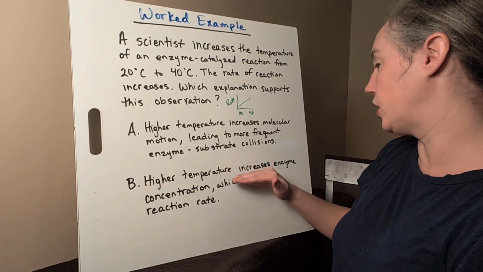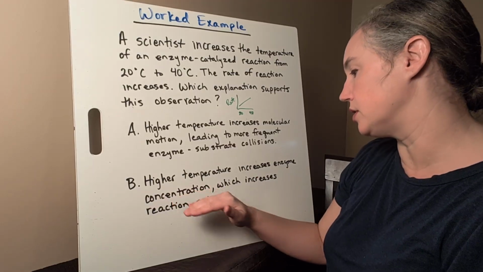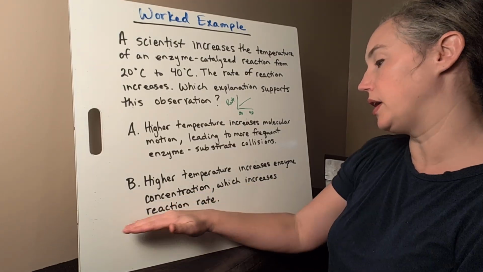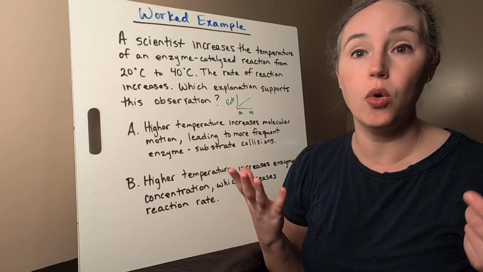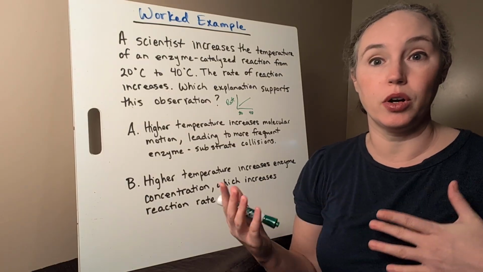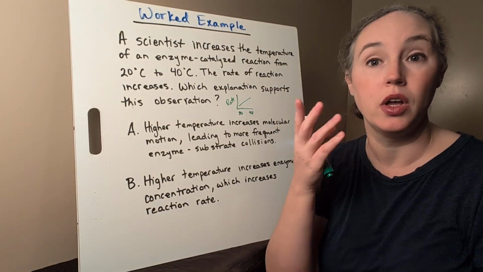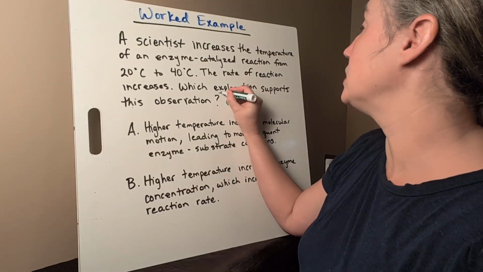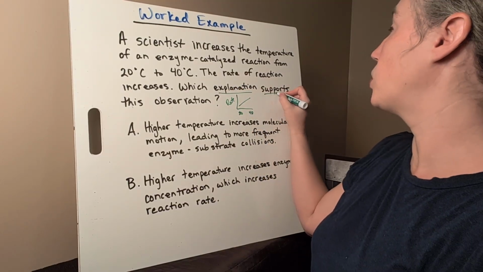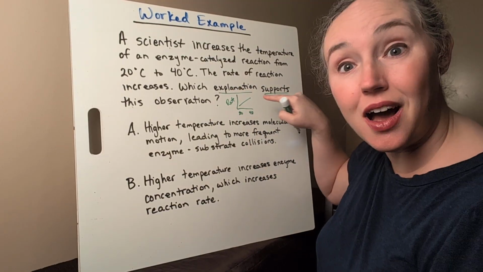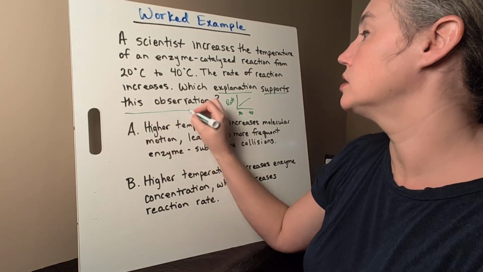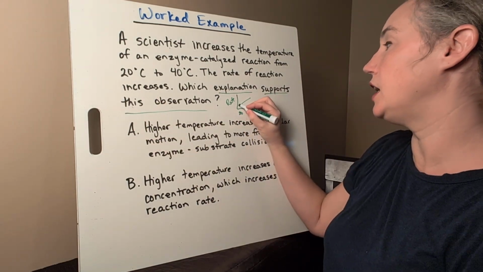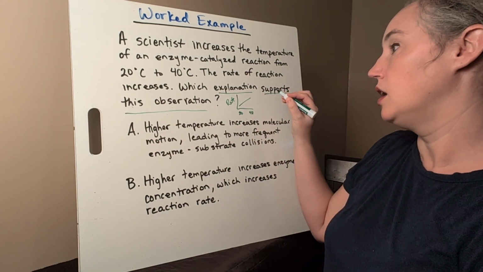Higher temperature increases enzyme concentration, which increases reaction rate. Okay, so let's think through our steps. First, reread the question stem. Which explanation supports this observation? So the observation is that we're seeing an increase in rate.